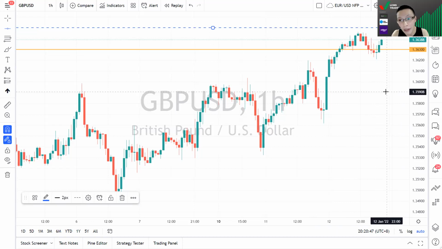And 1.365, right now it's trading at 1.3638, pretty much 1.364. It's only 10 pips away. So if pound dollar were to trade to 1.365, buying opportunities will be there.